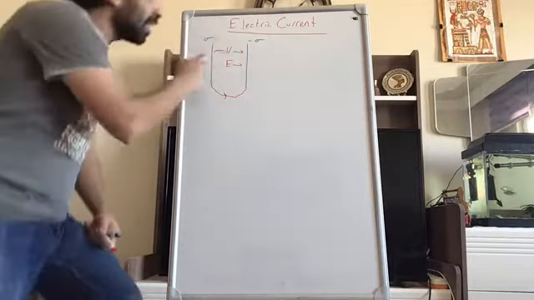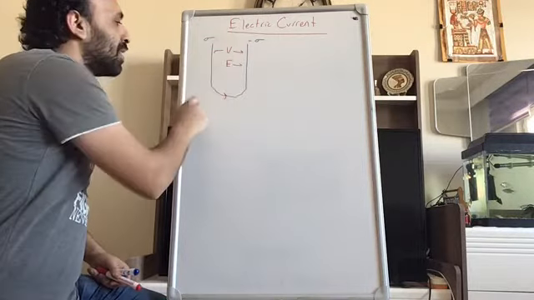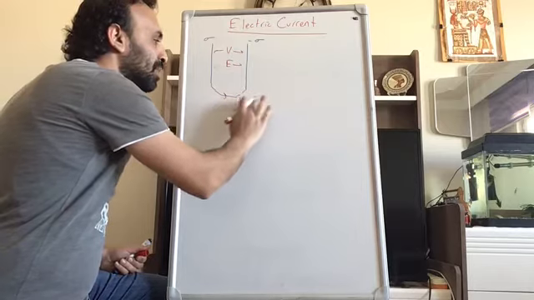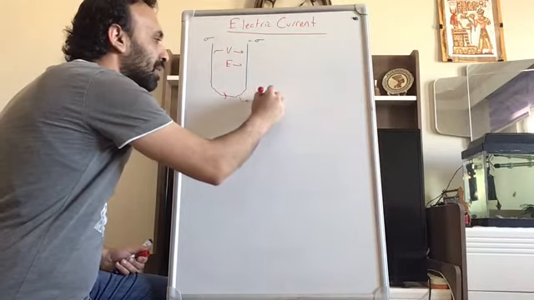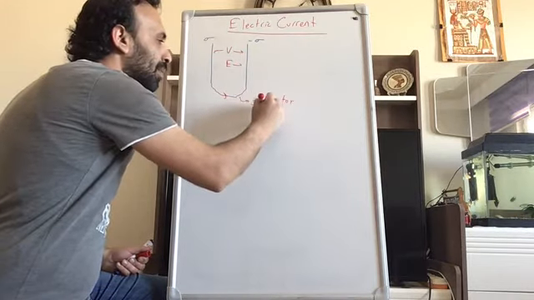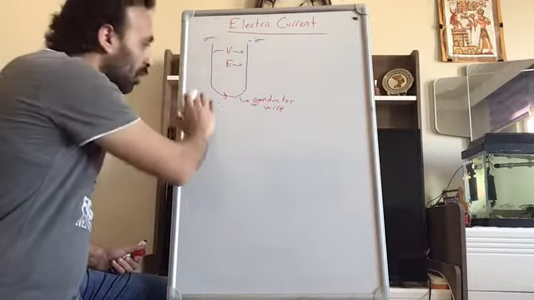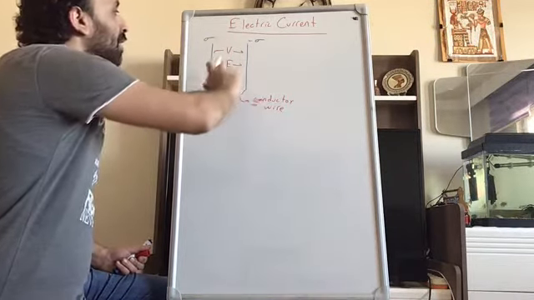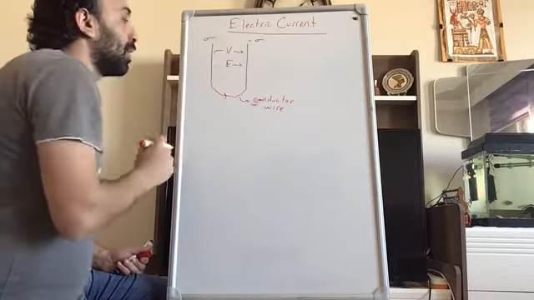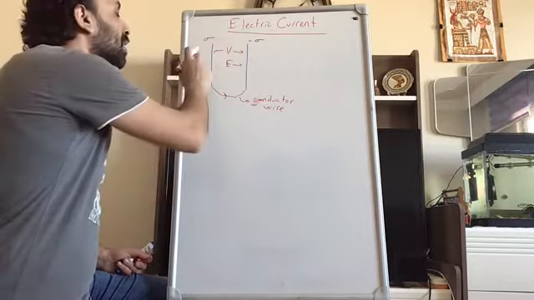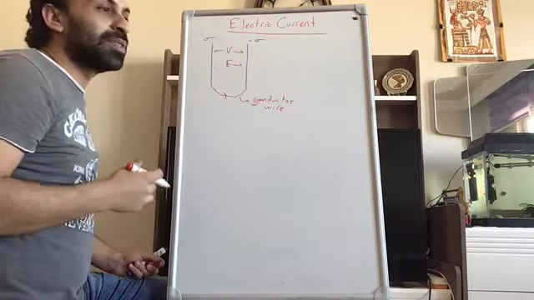And when I connected these charged plates with a wire, let me now give it a specific name, conductor wire, then the charges start moving through this wire, and they go to the other plate, and this motion will last until both plates become neutralized.